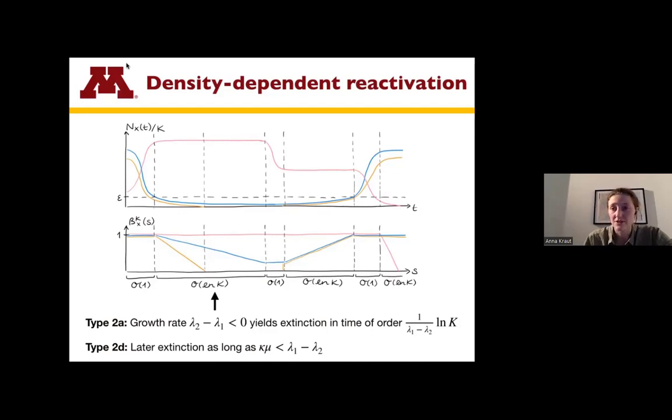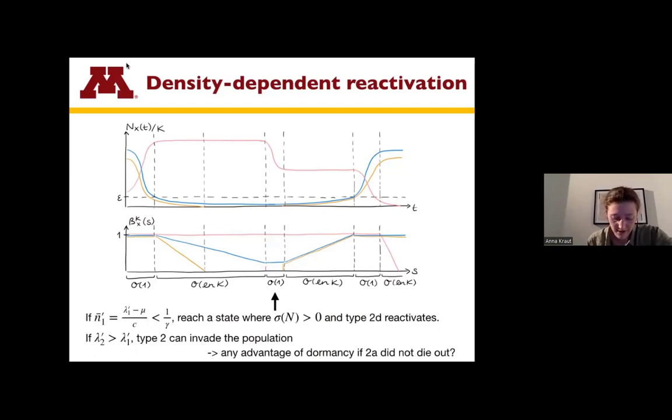type 2 population. And if at this point we now have a change in fitness, the dormant state might have survived long enough. And now if in a time of order 1, again, the type 1 individuals reach a lower equilibrium that is below this critical threshold, that will yield now a positive reactivation rate sigma, and the type 2 individuals can reactivate.